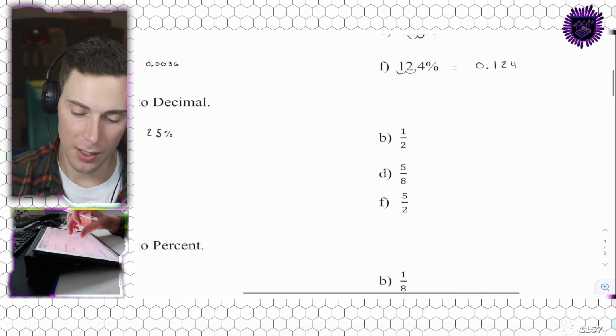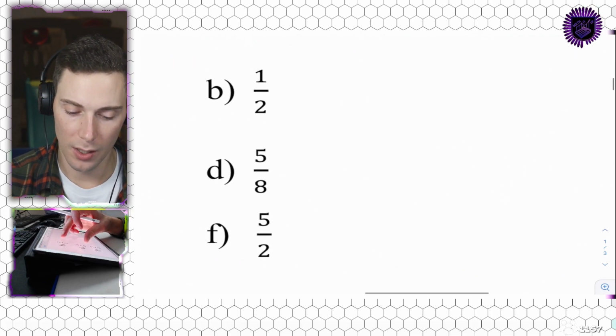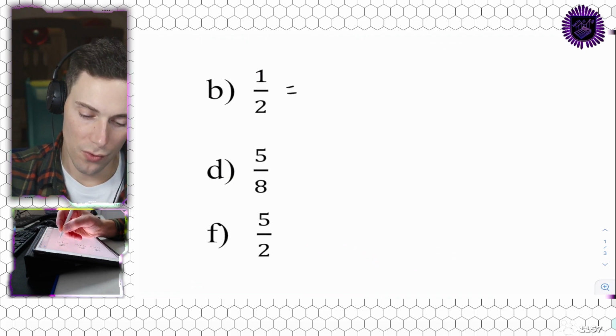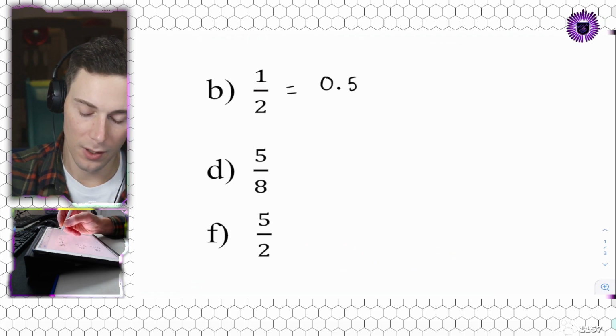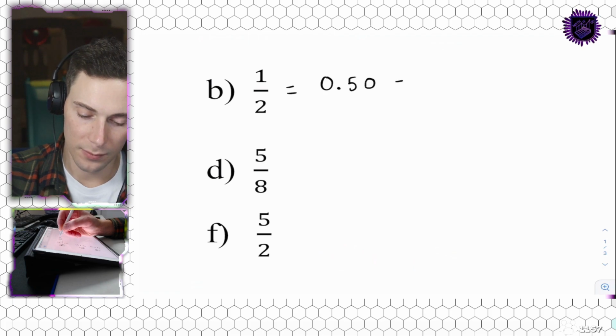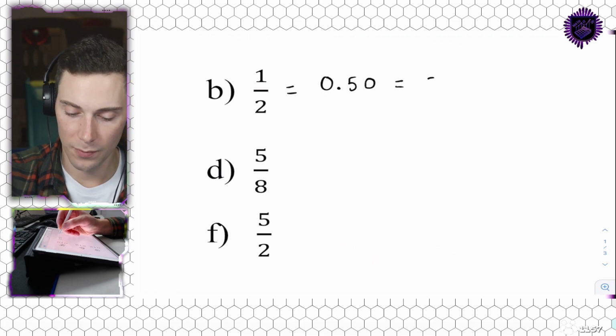Let's do 3b. 1/2. This is going to be equal to 0.5. We can multiply this by 100, or we can think of it as 0.50, which is going to be equal to 50%.